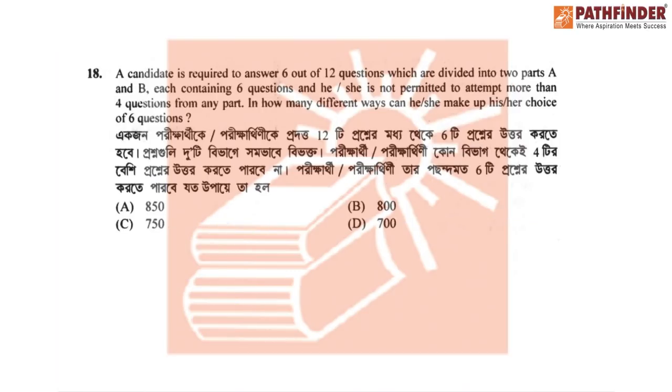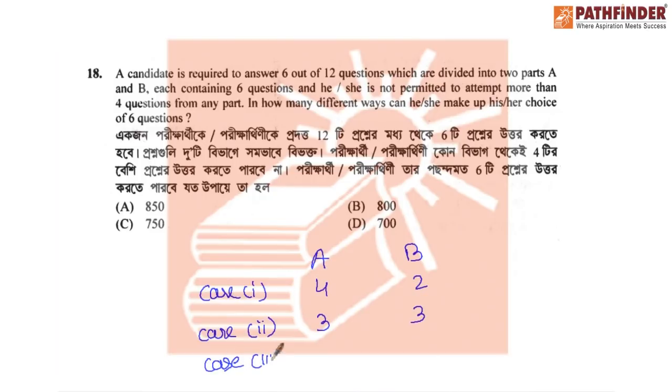Move to the next question, question number 18. A candidate is required to answer 6 out of 12 questions, which are divided into two parts, part A and B, each containing 6 questions, and he is not permitted to attempt more than 4 questions from either part. So we have case 1, 4 questions here, 2 questions here. Case 2, 3 questions here, 3 questions here.